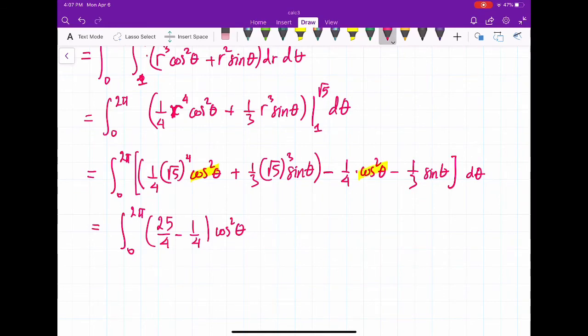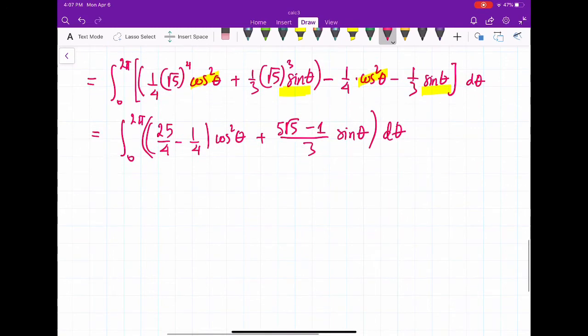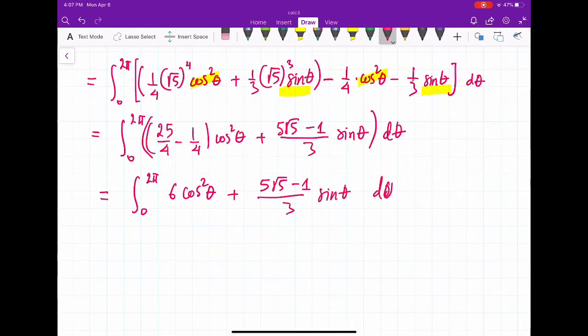And the next one is 5 square root of 5 minus 1 over 3 sine of theta, because you have sine of theta right here and sine of theta right here, and d theta. Okay, 25 over 4 minus 1/4 is just 6. So I have 0 to 2 pi, 6 cosine squared theta, and here I have 5 square root of 5 minus 1 over 3 sine theta d theta.